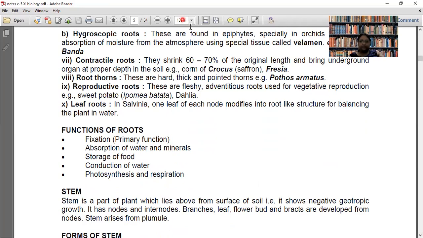Either take one big page and write plant, then modify it into root, shoot, leaf and flower. These are the basic parts we have to study in morphology.